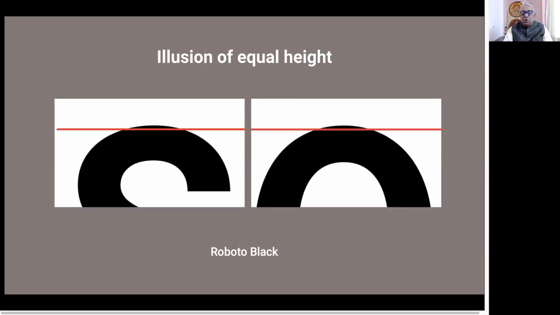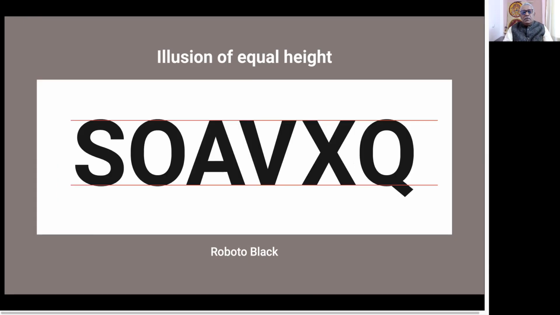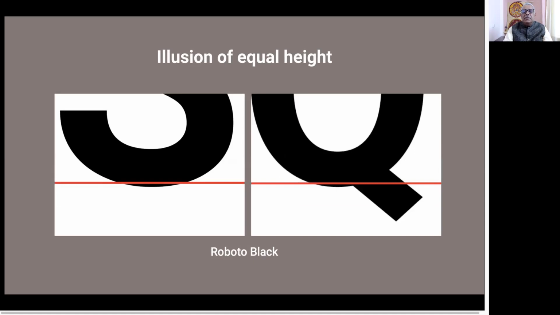This is commonly used in all languages and in all font design activities to create an illusion of equal height. It applies to almost all the languages, all the scripts. It is a conscious decision, and this is also taught to font designers, to create overshoots to compensate for the optical illusion. So it is a conscious decision taken by designers.